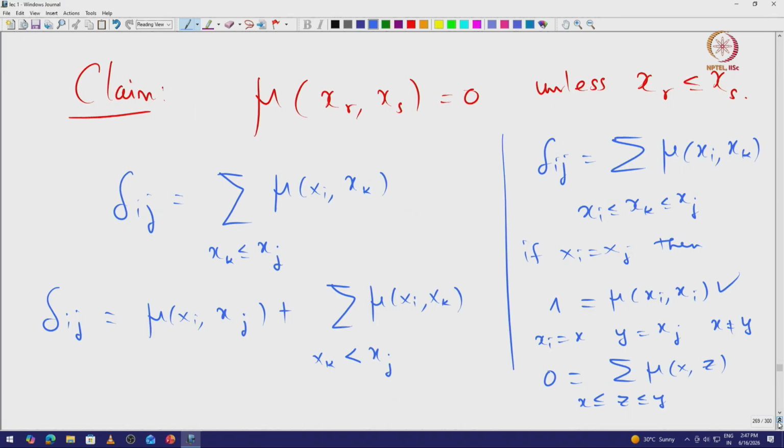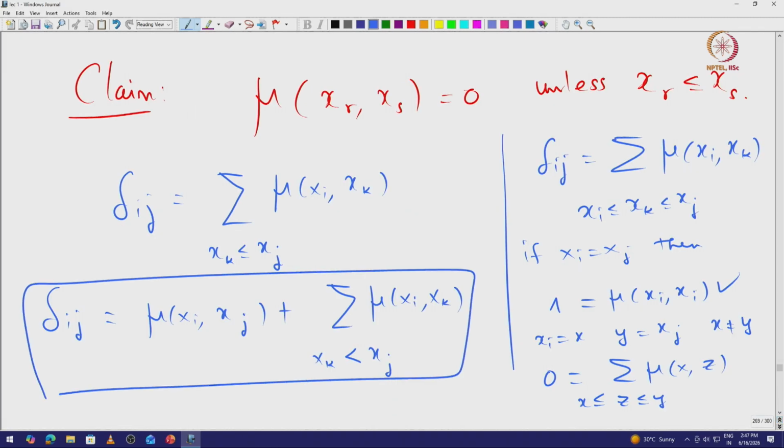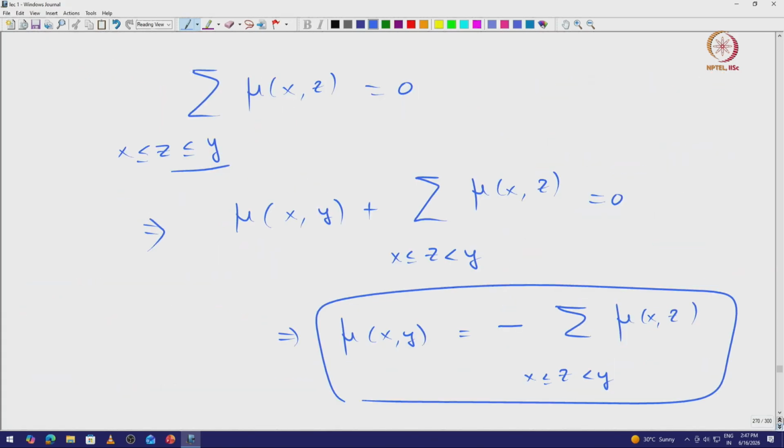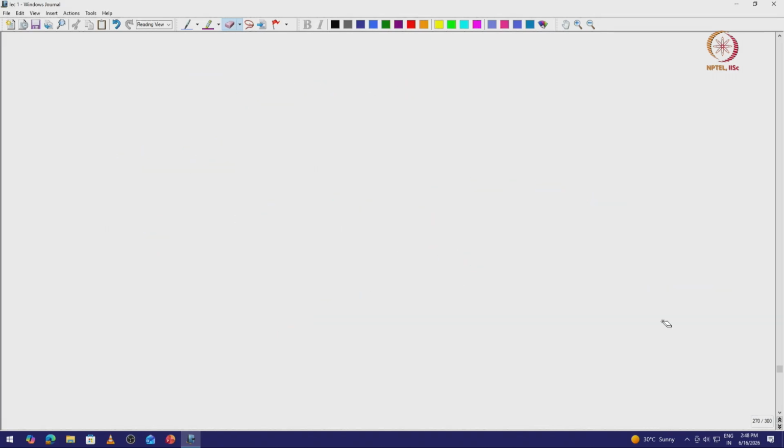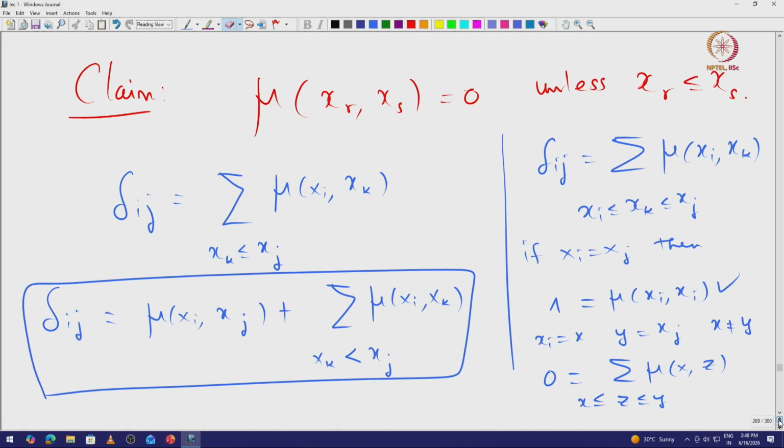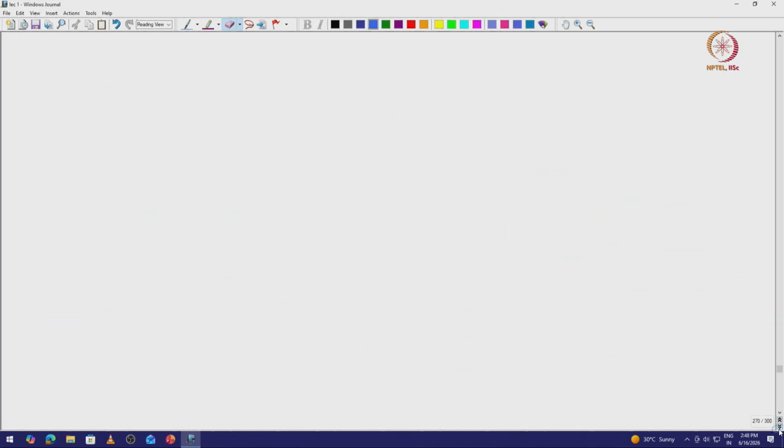So, we are going to work with this equation: delta i j equal to mu of x i x j plus the summation of mu of x i x k, where x k is strictly less than x j.